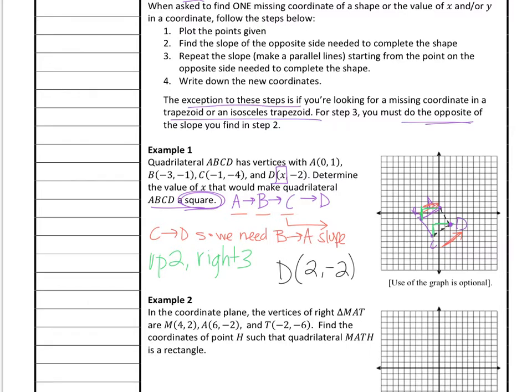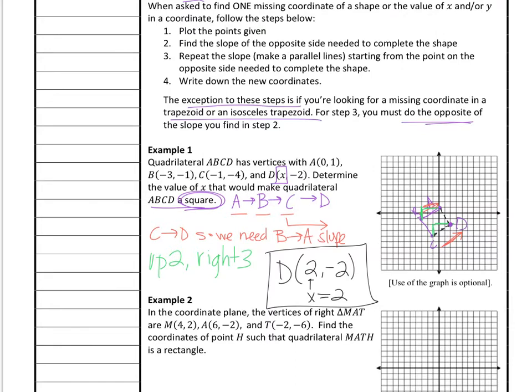So now the x coordinate is here. X equals 2. That's your final answer. I know this seems a little bit weird, but if you just use the order and slopes, then you'll be fine. Because remember, opposite sides are parallel in a square, and same with a rectangle and a rhombus and a parallelogram.